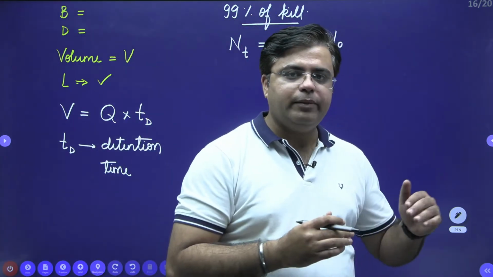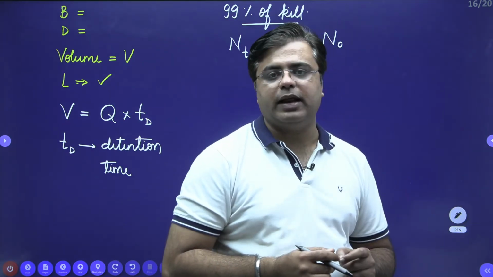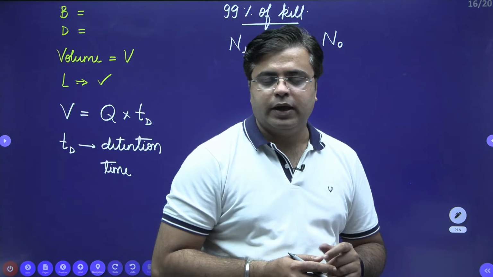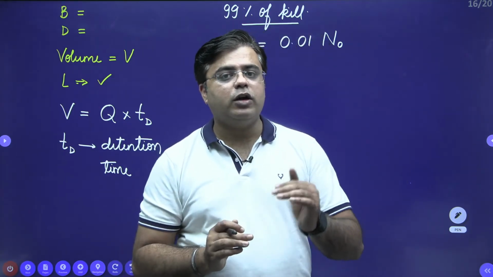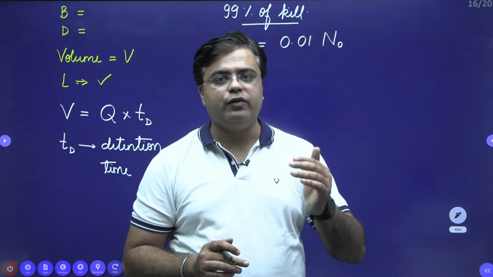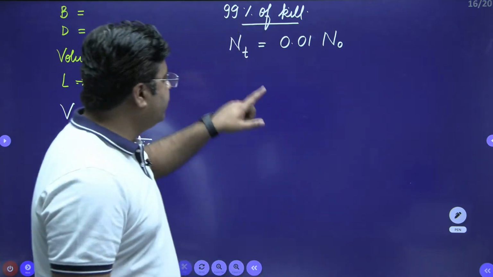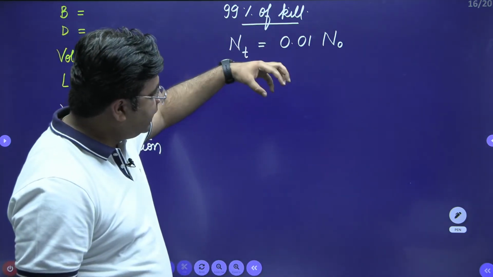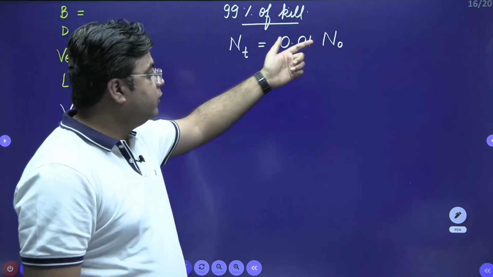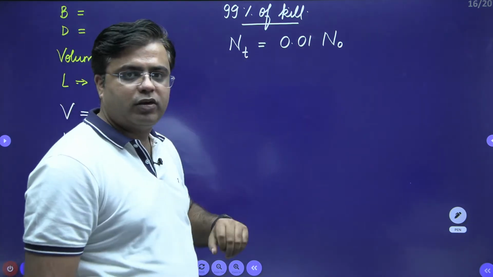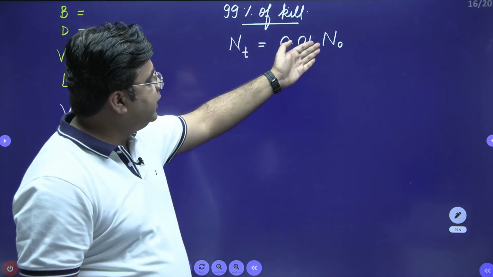After time t, only 1% of the originally present microorganisms stay alive. This much time we should provide for disinfection to have 99% efficiency of kill. So directly, Nt is equal to 0.01 times N naught.